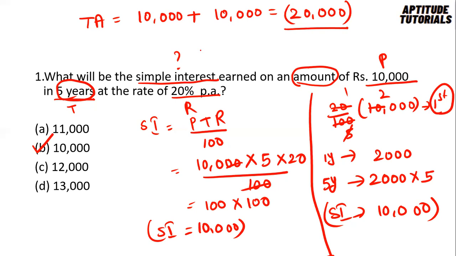So if you wanted to check out the rules, principal should always be less than total amount, or total amount should always be greater than principal, because total amount has interest in it.